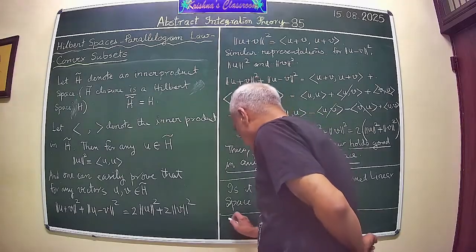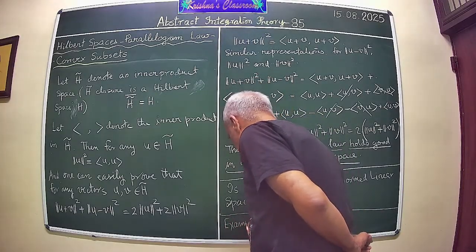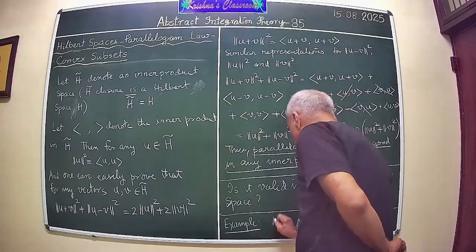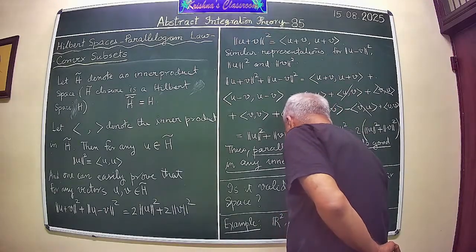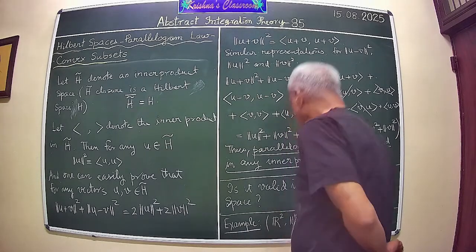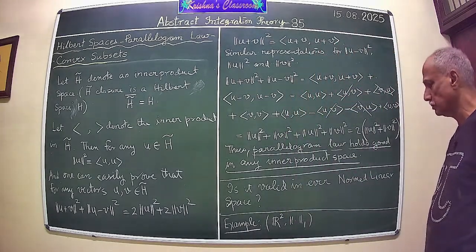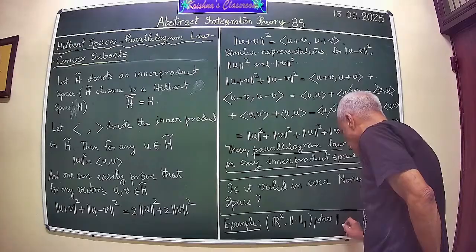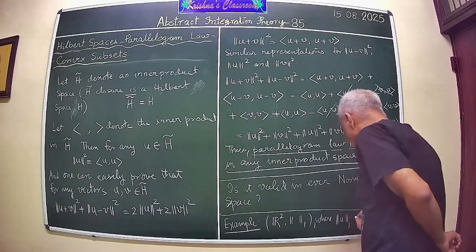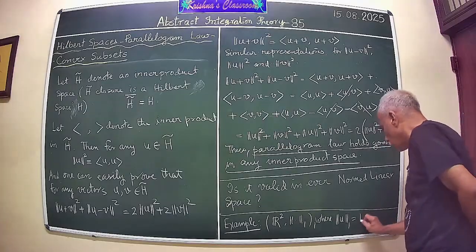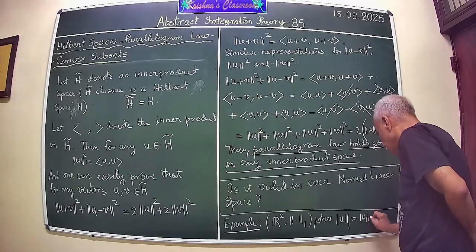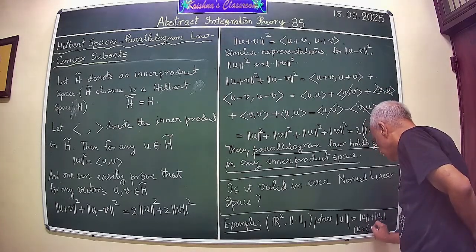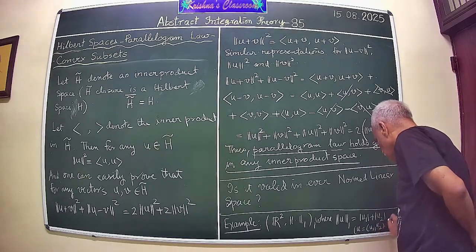So let us take R2 with norm 1, where norm 1 equal to mod U1 plus mod U2, where U is given having components U1, U2.